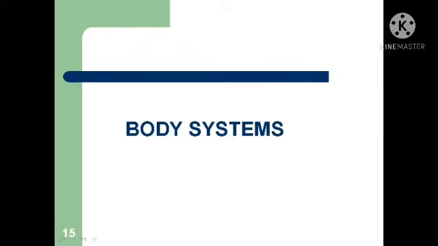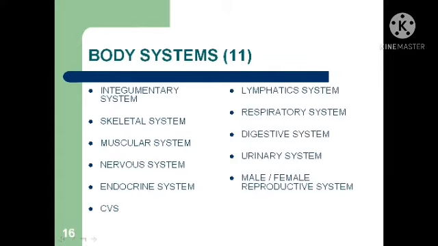The body systems. The integumentary system is the skin and the allied structures like the nails, the hairs, and the skin glands. All these are called the integumentary system. The skeletal system: the bones, the appendicular skeleton, that is the skeleton of the upper and lower limbs, and the axial skeleton, the bones of the thorax and that of the skull.